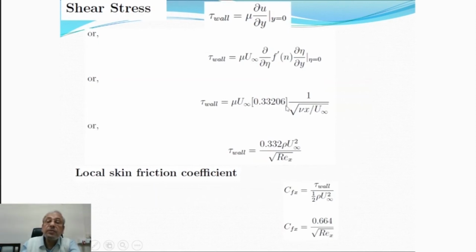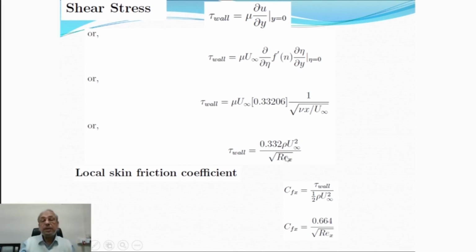So 0.33206, and then because we have changed the variable from y to eta, this factor will come, root over nu x by u infinity. So tau wall we get 0.332 rho u infinity square divided by root over Rex. Rex is u infinity into x by nu.